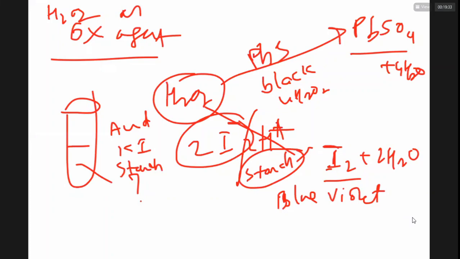If the KI liberates iodine, starch will show violet color. If the starch is showing violet color, you say, yes, it is H2O2. If the violet color, blue-violet, you are not getting, then you say it is not H2O2. So, for H2O2, it is a test. Are we very clear?